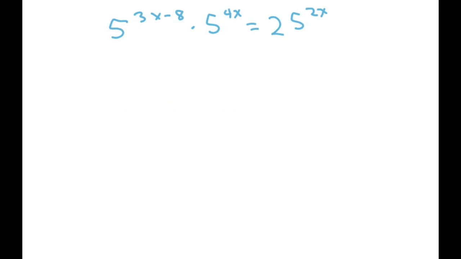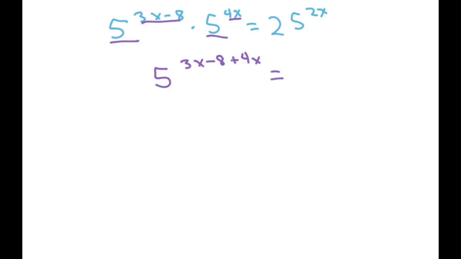The next one is here. Now this one gets a little harder. You can't cross these 5's out. You can only have one base on the left, one on the right. We want our base to be 5. So I'm going to use my product property and add my m plus my n here. So that's going to be 3x minus 8 plus 4x.